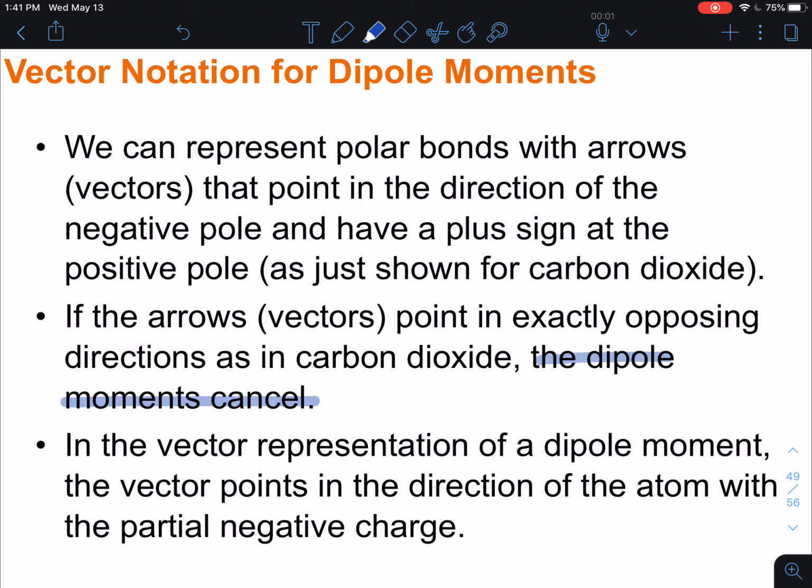And again, that's going towards the more electronegative atom. But again, if these vectors point in exactly opposing directions, as they did with carbon dioxide, the dipole moment cancels, and the molecule is non-polar.